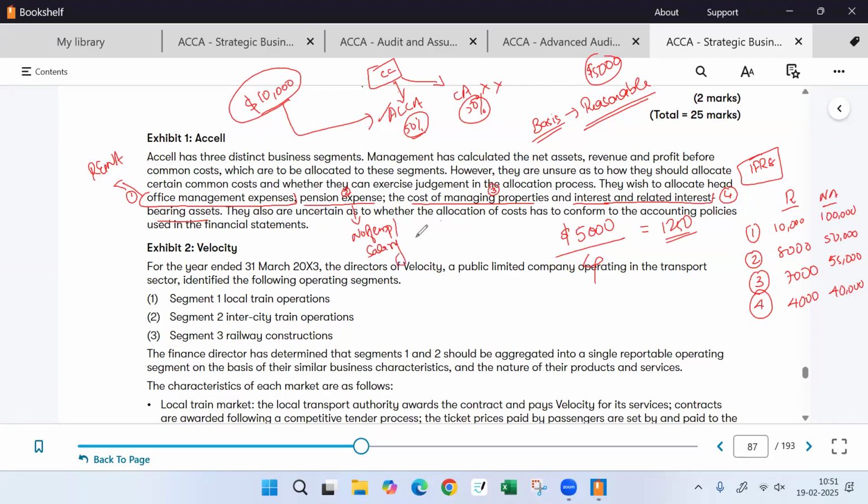Cost of managing the properties. Very good. Size, area, age, value. Right? Yes or no? Go to Lulu, say the Lulu shopping mall, right? Now in Lulu shopping mall, there is Lulu's own brand fashion store, correct?